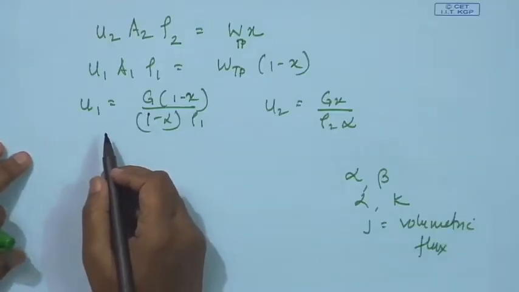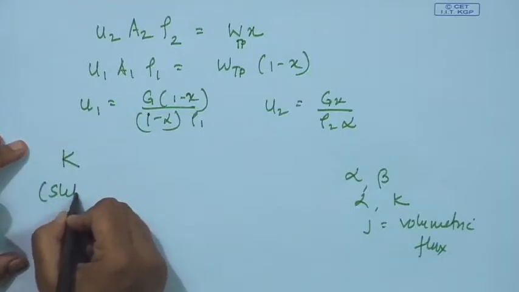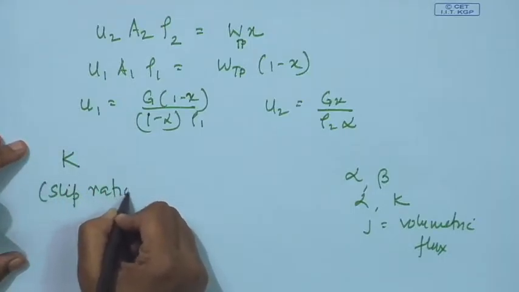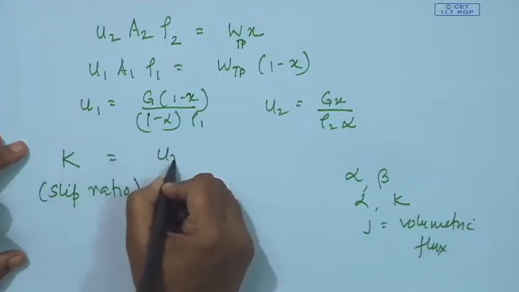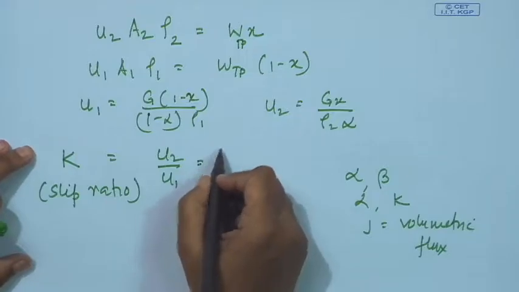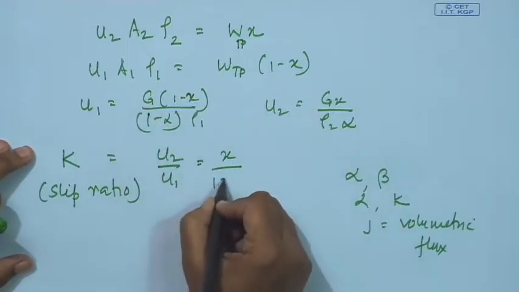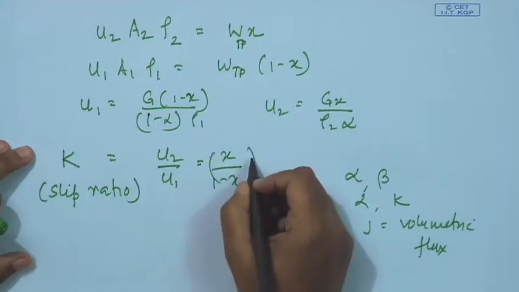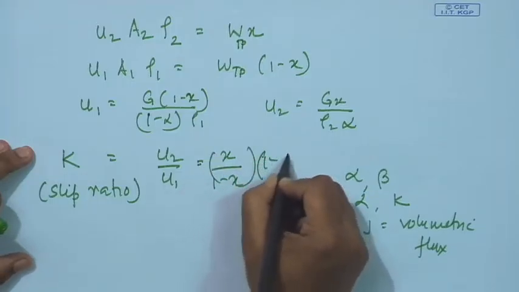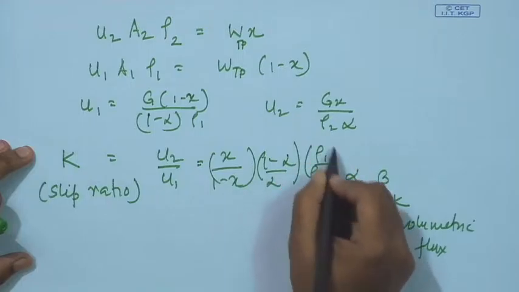So, from these, what do we get? Suppose we try to define the slip ratio k, which is nothing but equal to U2 by U1. What do we find here? We find that this is equal to a ratio of these two: x by 1 minus x, 1 minus alpha by alpha, and rho 1 by rho 2.